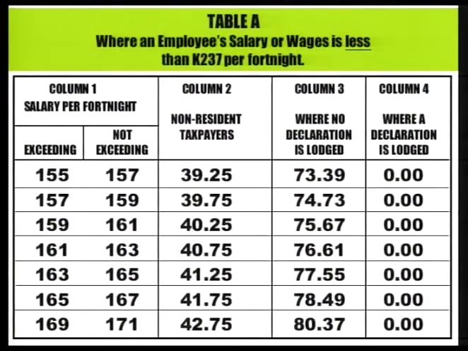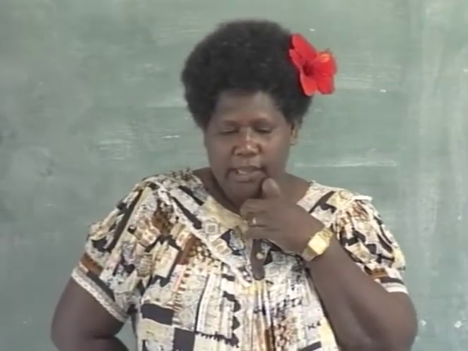But then if he lodges a declaration, if he declares the number of dependents that he has, he will not pay any tax. Clear?